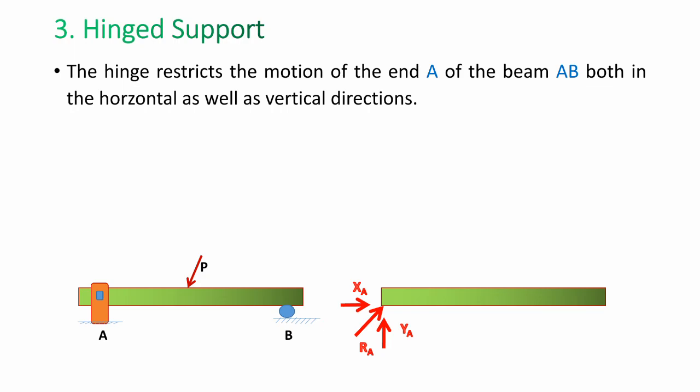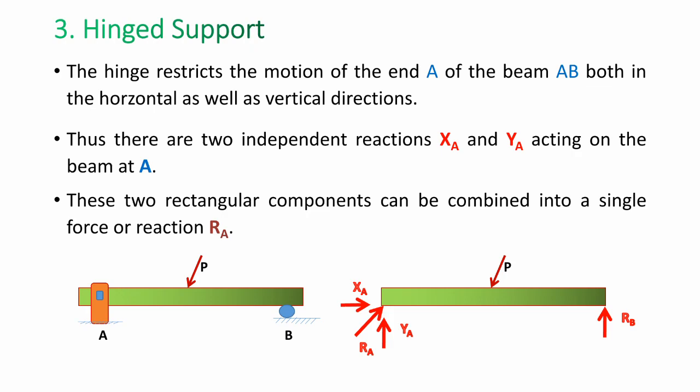These two forces, the x component and the y component, act at the same point, so we can say a resultant is generated there, which is unknown in direction, as we have shown. Next, the reaction force generated at B is vertically upward, because at B the motion is restricted only in the vertically downward direction. Because of the x and y components of P, two reaction forces are generated at A, restricting that motion. So that we have discussed here.